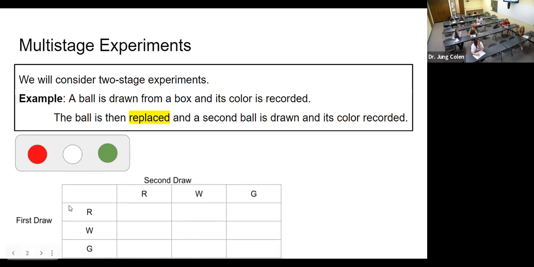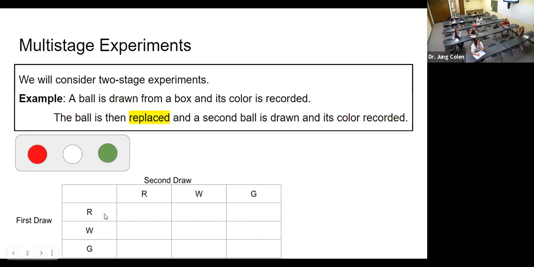You might have guessed what the outcomes are. You can use different models. This is just one way, you can make a table like this. This table shows the first draw here. First draw, it can be red, white, or green. My second draw can also be red, white, or green because I replaced the ball, right? Then think about how you can fill these empty cells in.